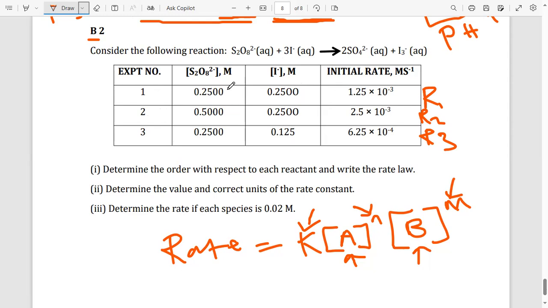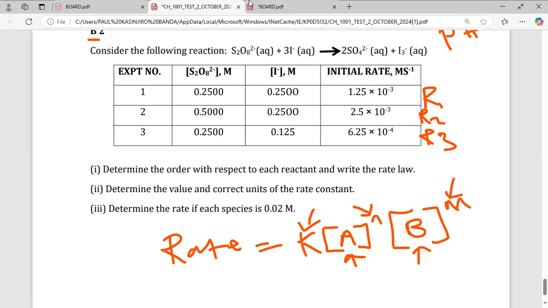We can also use experiments 1 and 3, where the concentration of the first ion will be constant, but the other will be different. Okay, so let's get into the solving.